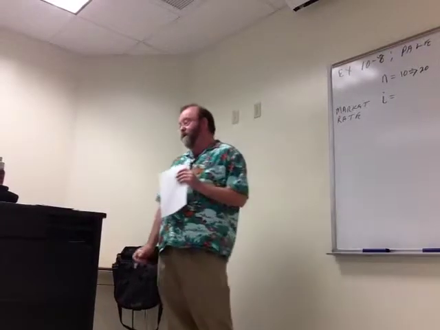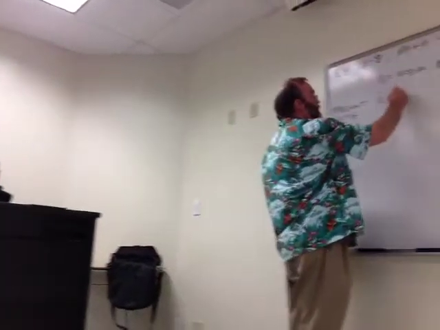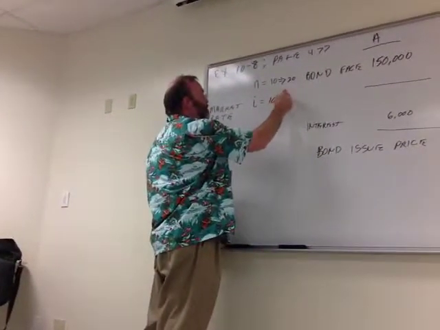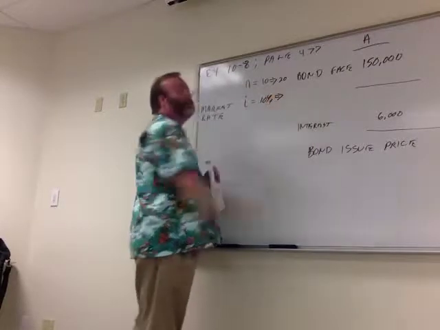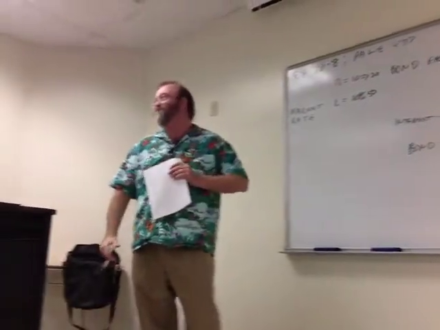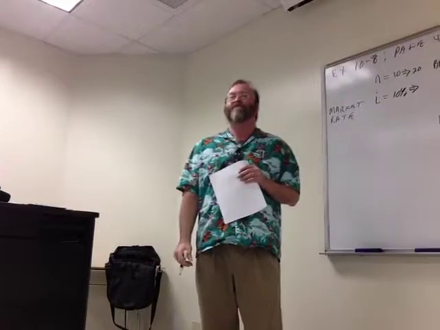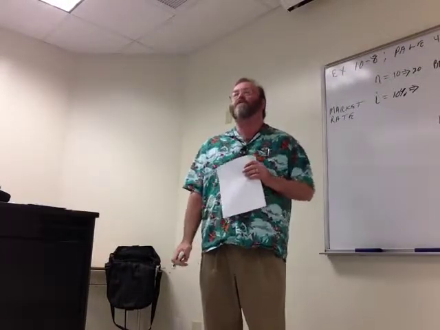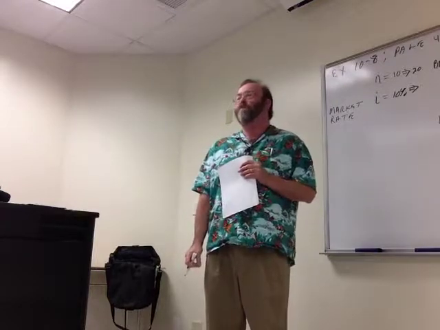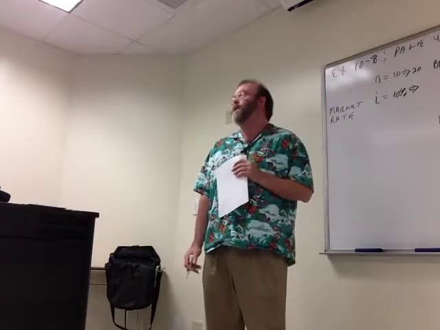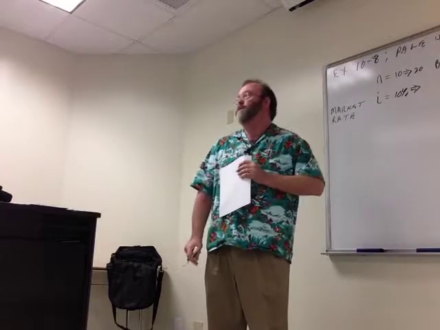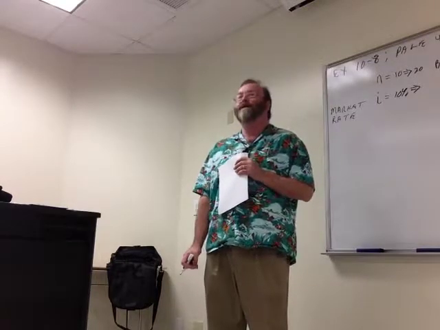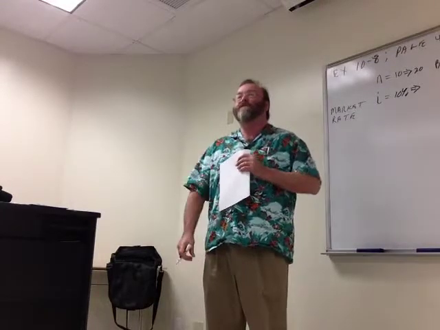The market rate, however, is 10%. Remember in your notes, in big bold letters, you always use the market rate. Because what would happen if you went to the tables and looked up the 8% by accident? What would be the price of the bond? I can tell you without even looking. It's $150,000.